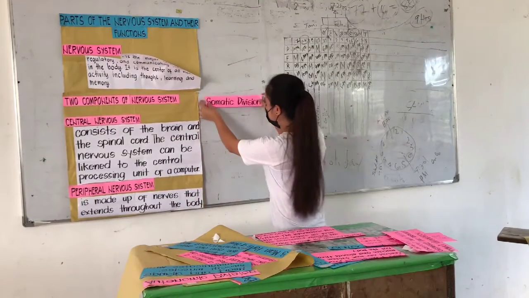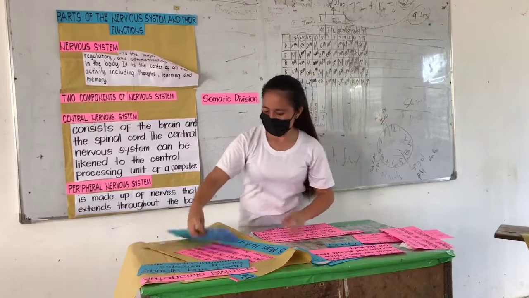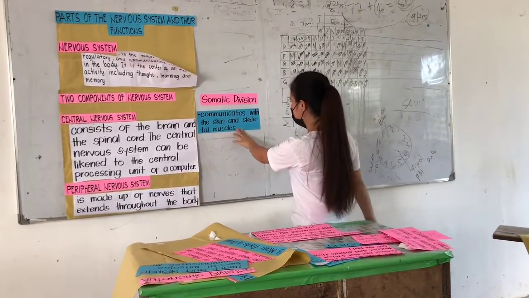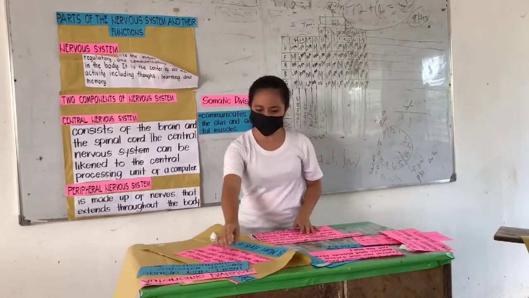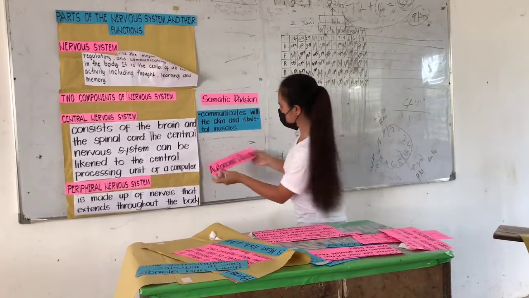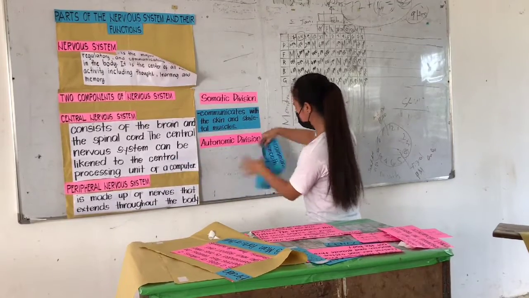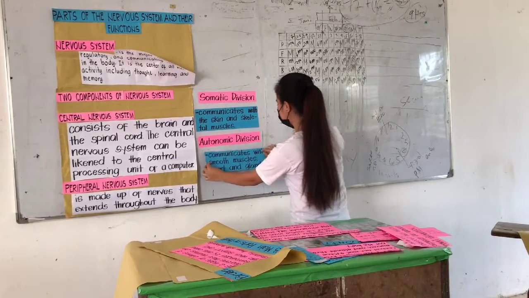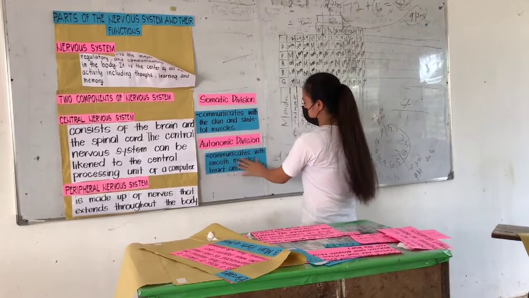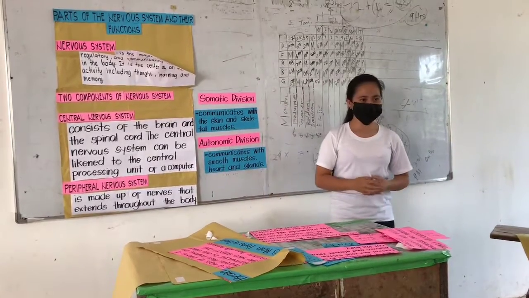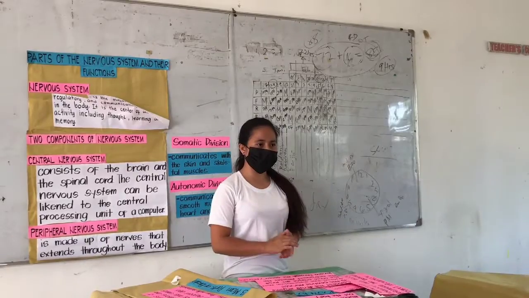The somatic division communicates with the skin and the skeletal muscle, while the autonomic division communicates with the smooth muscle, heart, and glands. So, do you understand, class? Yes, ma'am.